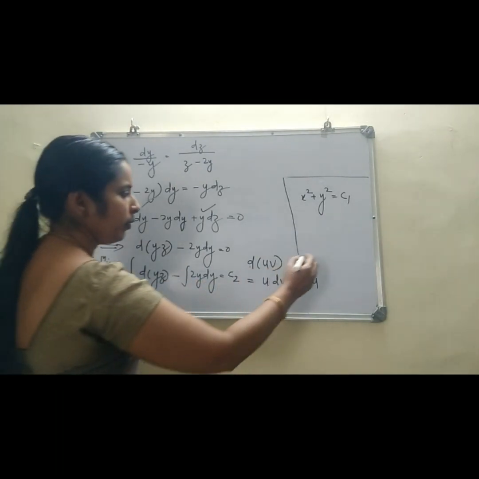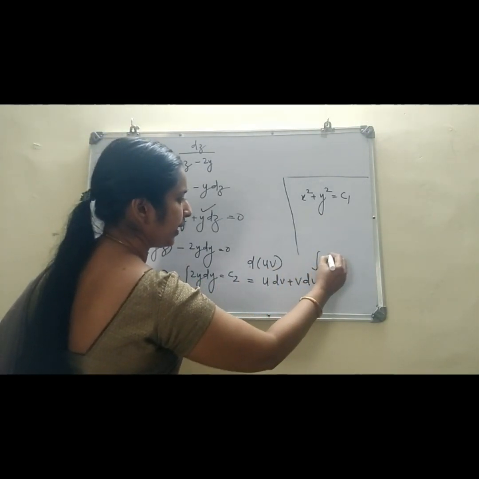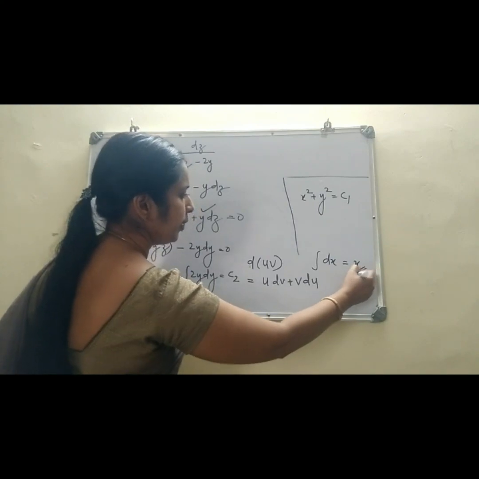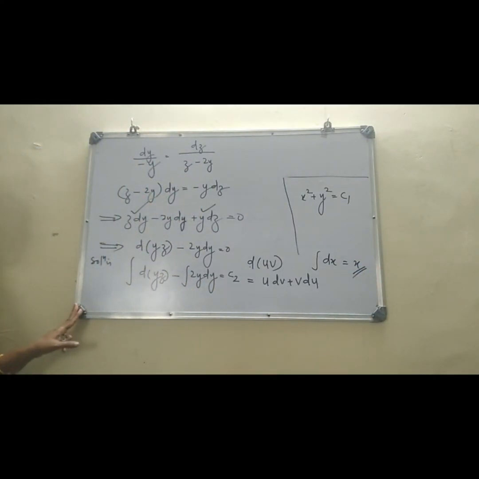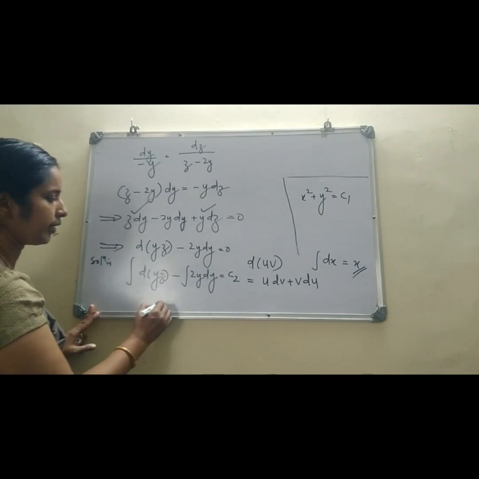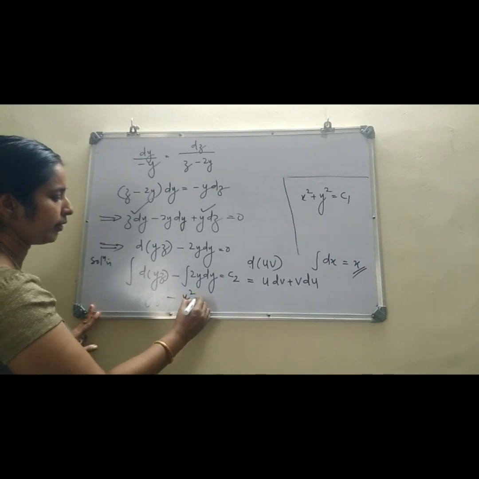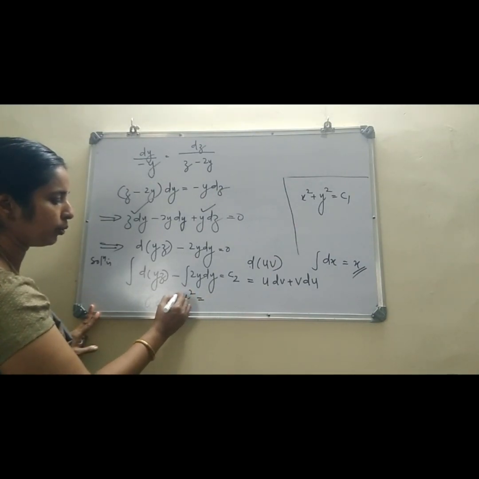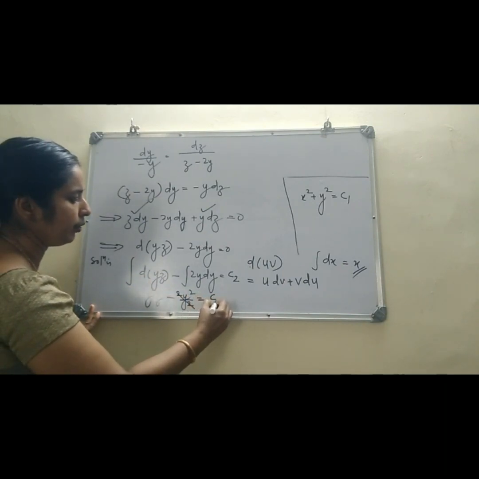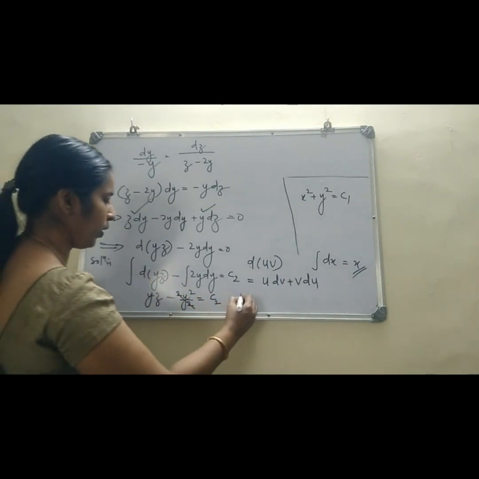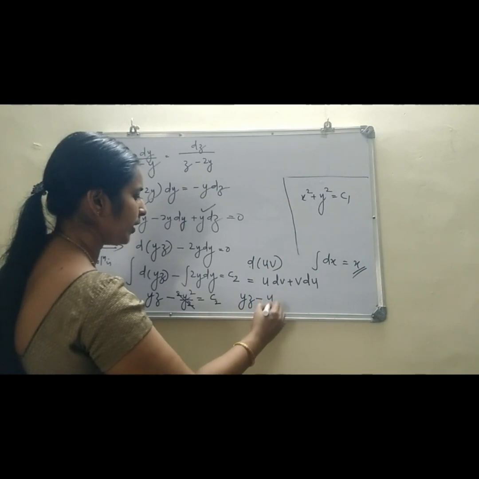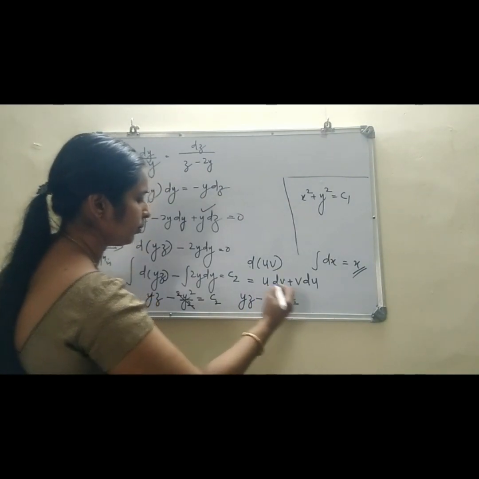What is integral? We know what is integral of dx? It is x, because integration and differentiation are reverse process of each other. So its integral is yz minus y square, since 2 into y square by 2 will cancel. That is yz minus y square equal to C2.